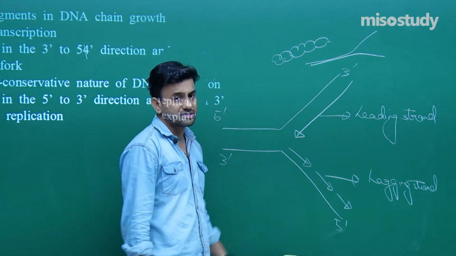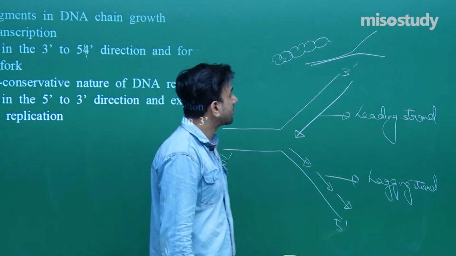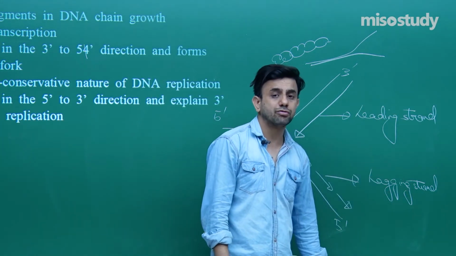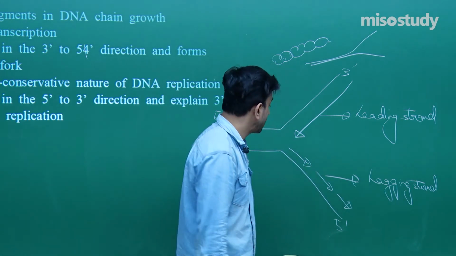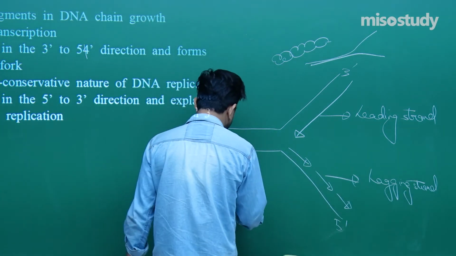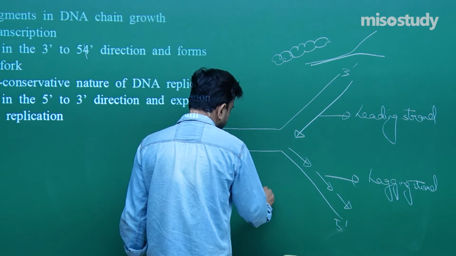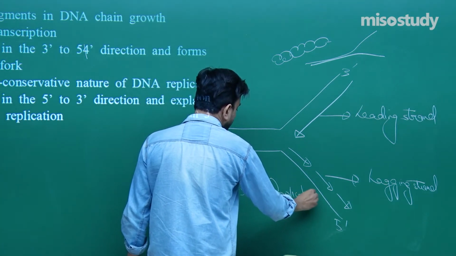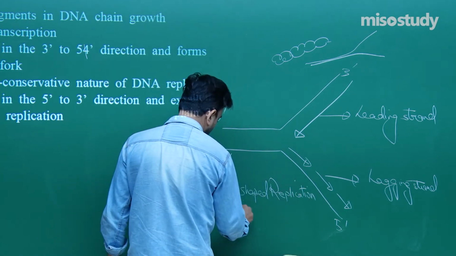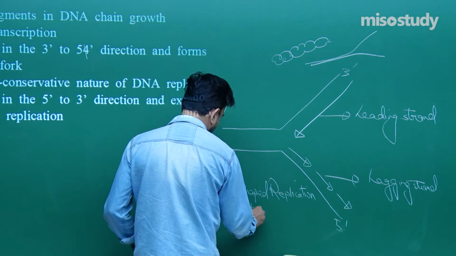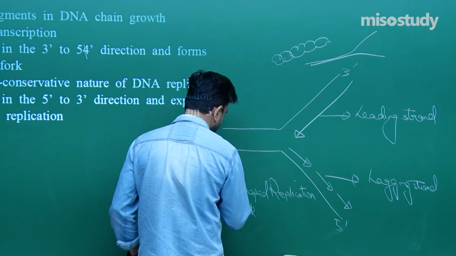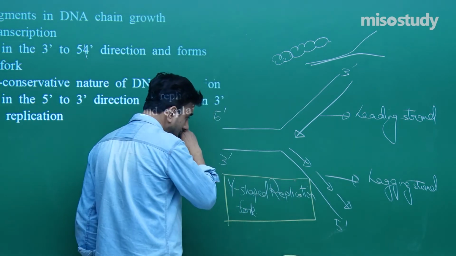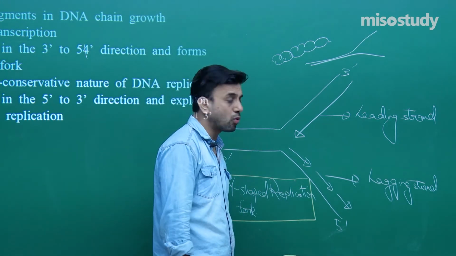Yes, it will become like this. That is why we say it represents the replication fork, the Y-shape. This whole thing is the Y-shaped replication fork.